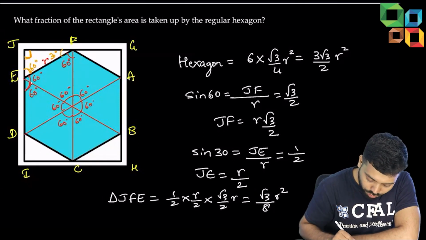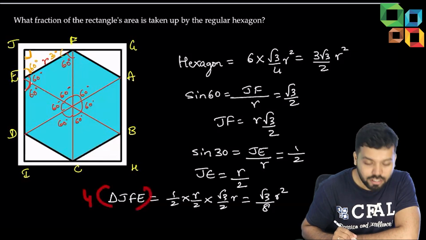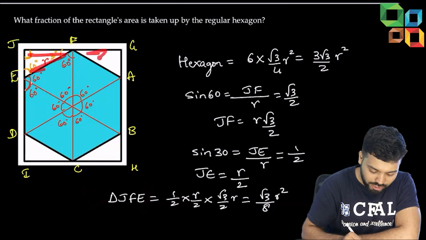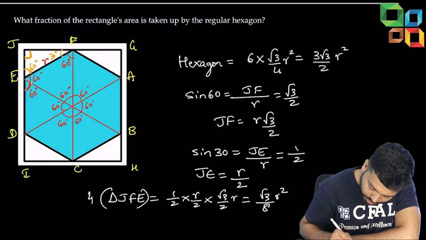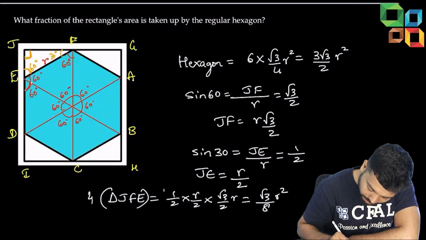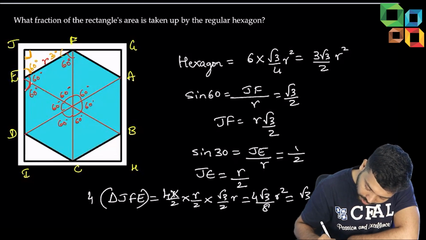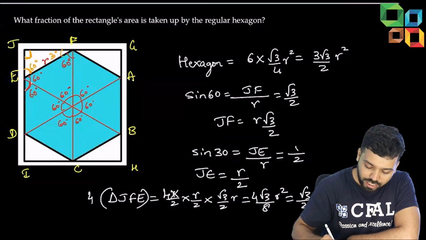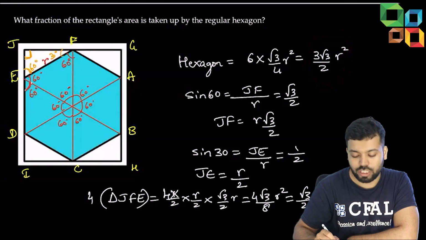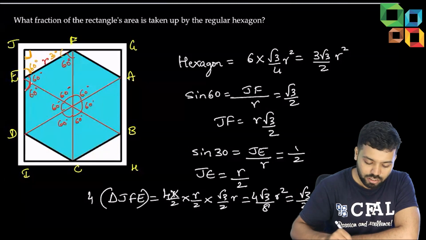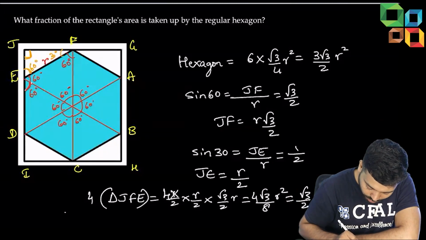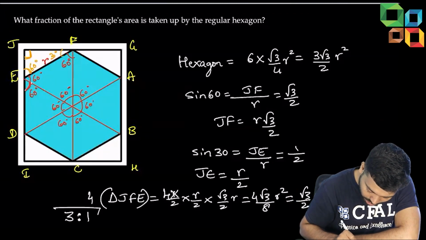We have 4 of these triangles, so this entire area I have to multiply by 4. So I'll get √3 by 2 R square. Now area of hexagon is 3 times √3 by 2 R square. Here it is 1 times √3 by 2 R square. So area of hexagon to that of the rest of the area is 3:1.